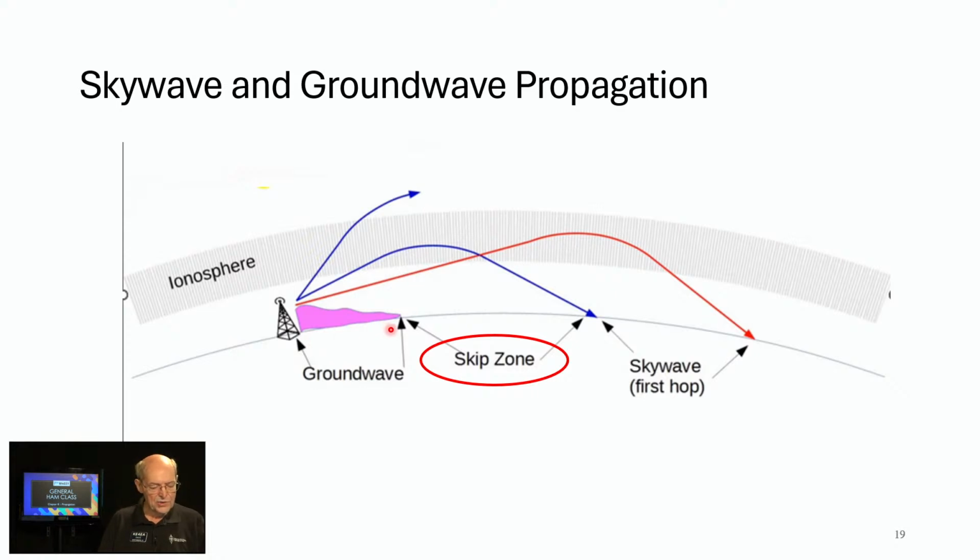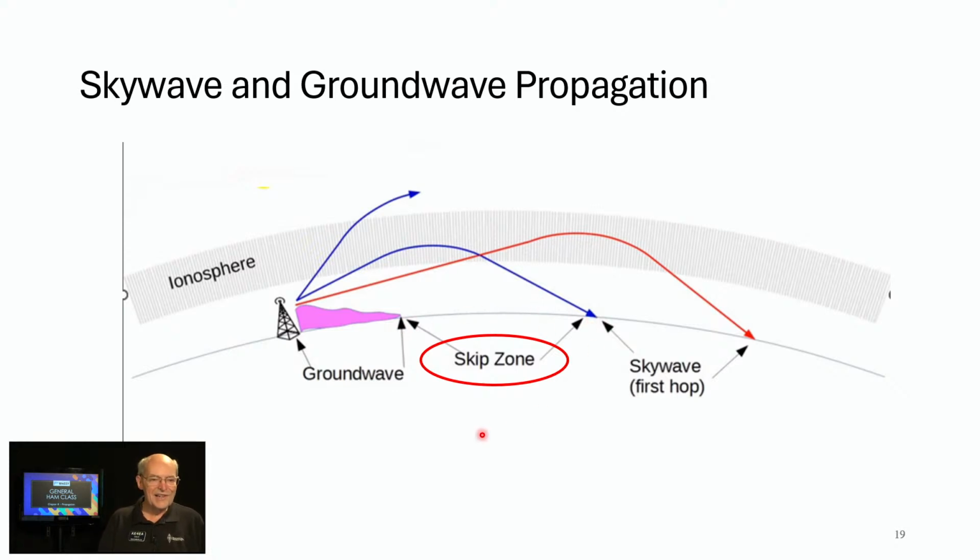The other way that you can hear me is if my signal goes up into the ionosphere and then comes down at some distant location. And here we've got two different angles of incidence. Angles being shot up into the ionosphere, so we're coming down at two different points. The distance between where the ground wave ends and where the skip or hop comes down from here to here is called the skip zone.